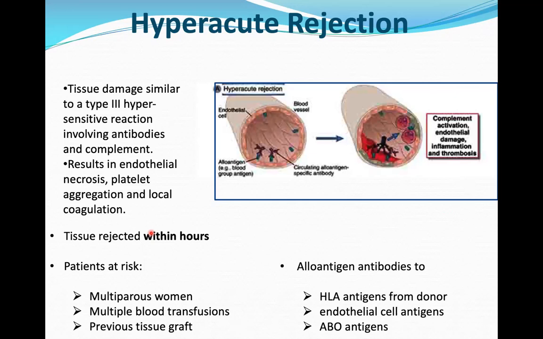So you have already preformed antibodies against these foreign antigens. If you transplant an organ into this sort of person, these preformed antibodies will immediately bind to the circulating foreign HLA antigens, cause immune complexes to deposit on the endothelium to activate complement, and so you can get rejection within hours. And this is why it's called a hyperacute rejection.